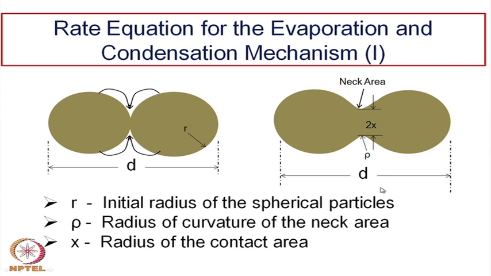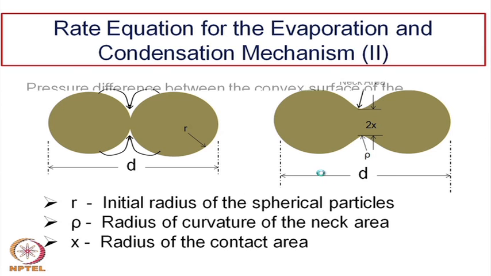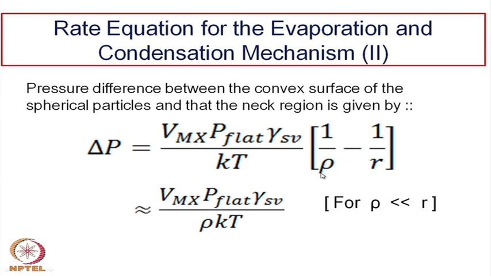Now, if we take into consideration these parameters, then we can write an equation of this form. The pressure difference between the convex surface of the spherical particles and the concave surface of the neck region is given by this formula, which can be derived, but has not been derived here. We have just taken the delta P, the pressure difference.